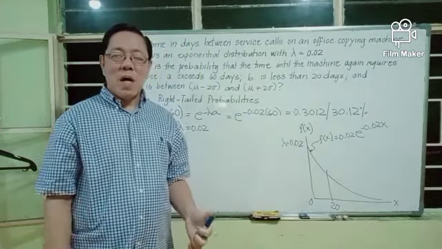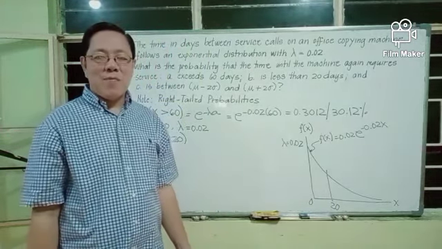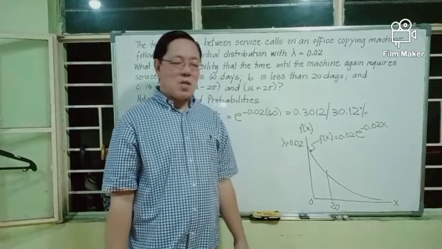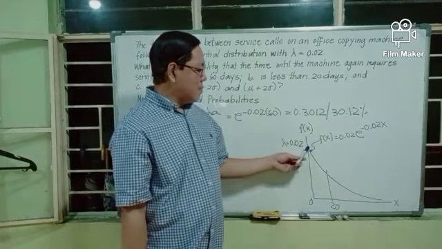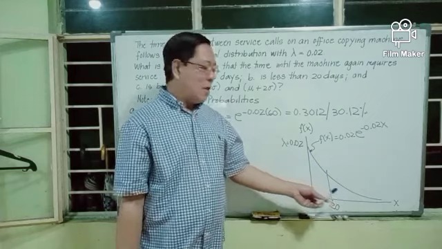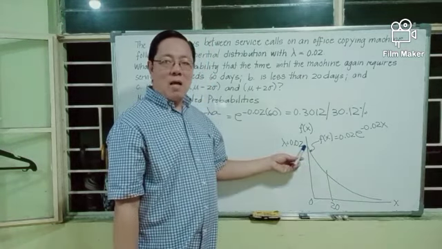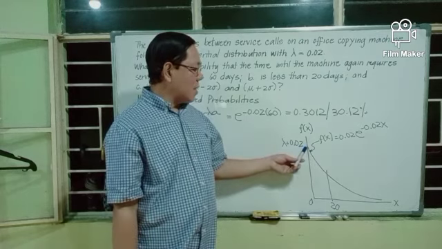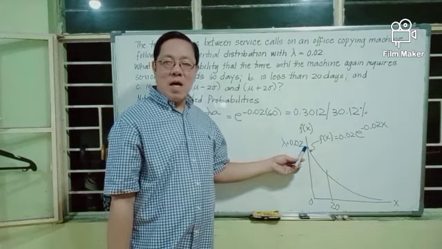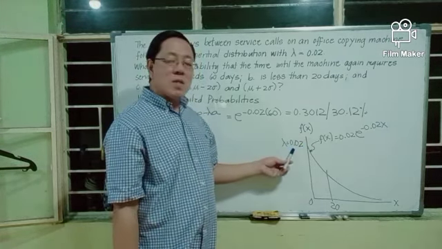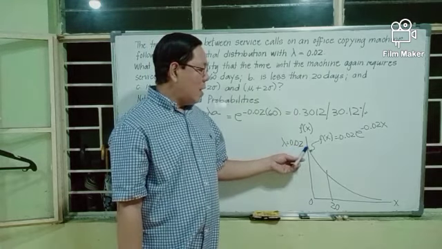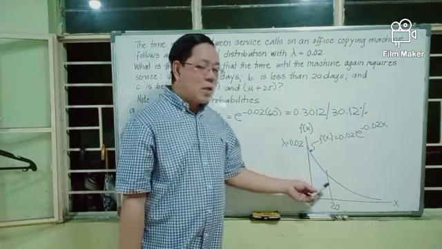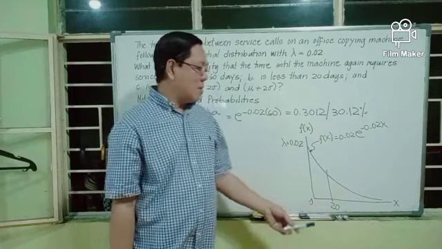We know that the graph of the probability density function for the exponential probability distribution looks like this. It will intersect the vertical axis, in our example at the point lambda equals 0.02, and from this point the graph continues to decrease, approaching the x-axis.